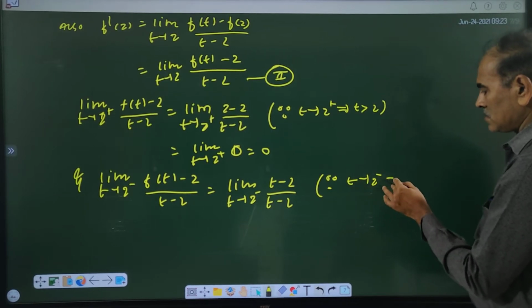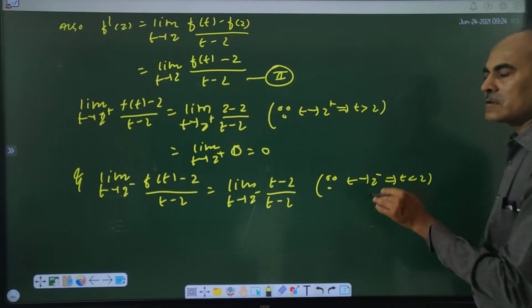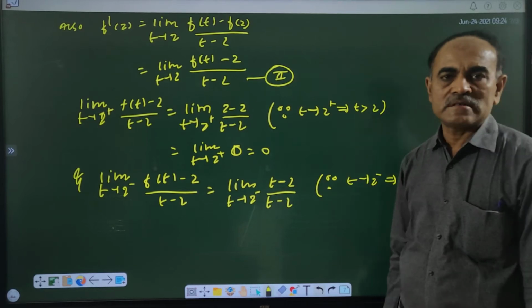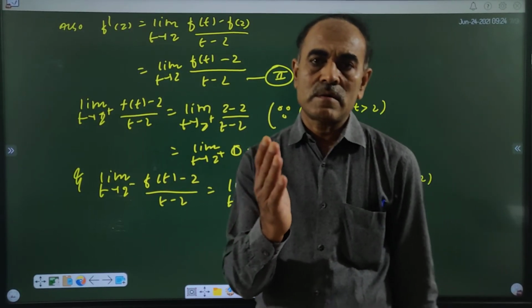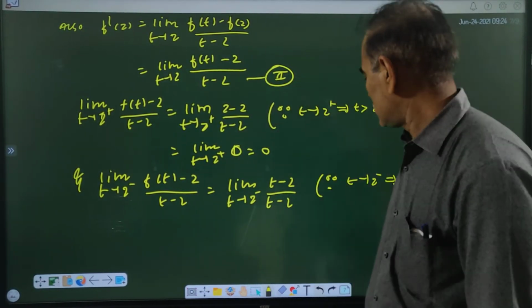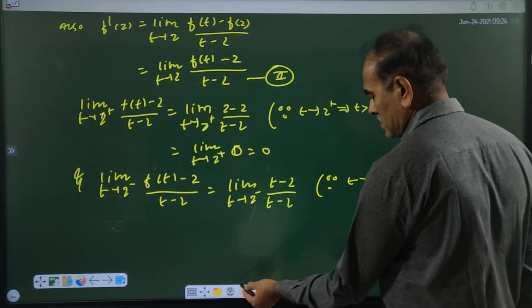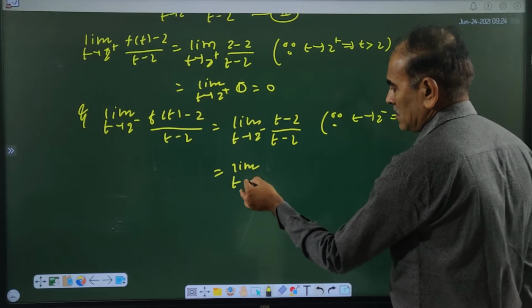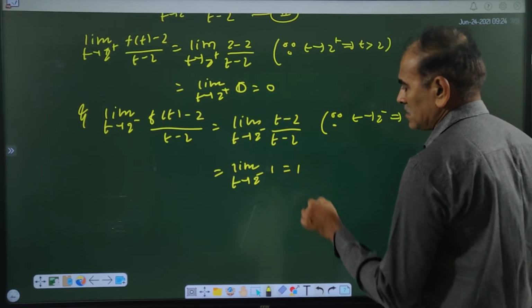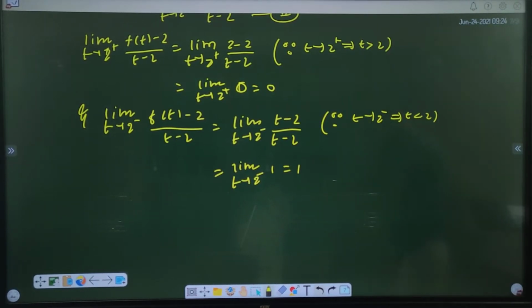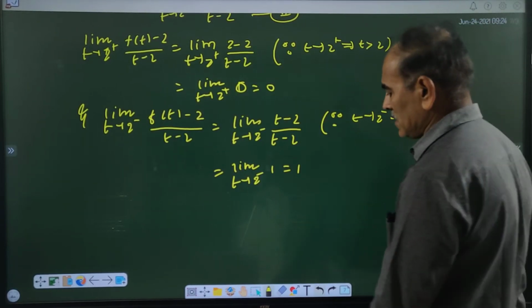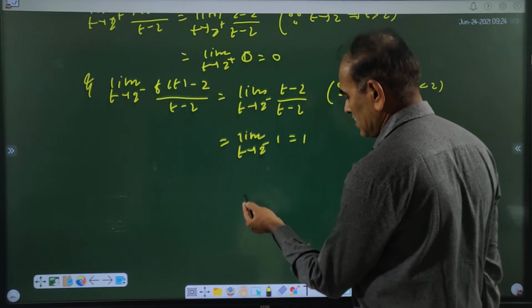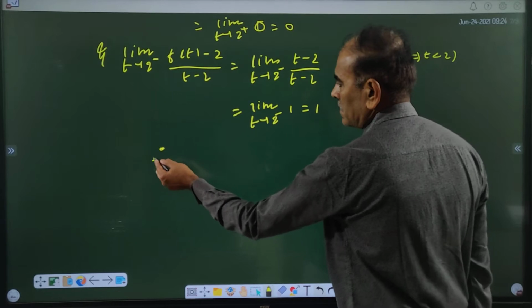Because t tends to 2 minus, so t is less than 2. And we know that f(x) is equal to x whenever 1 is less than or equal to x less than or equal to 2. So that comes out to 1. That is equal to limit t tends to 2 minus of 1, which is equal to 1. Observe that the right hand limit is 0 and the left hand limit is 1, so the limit does not exist, as both are not equal.